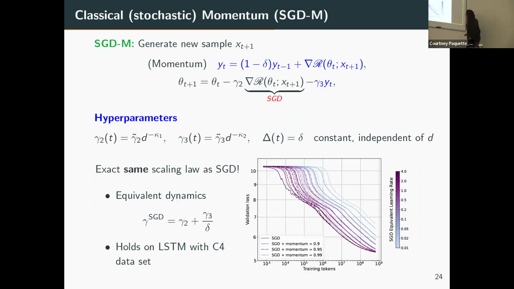The first thing you observe, which is known for a while, is that if you choose your momentum parameter constant, independent of time, it's equivalent to SGD. Why is that? If you unravel this, it's just an exponential moving average of the gradients.